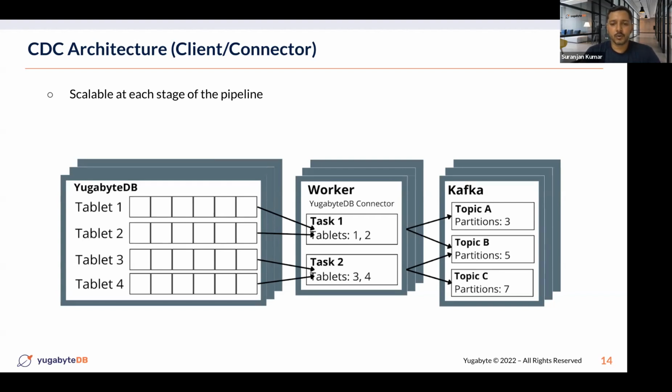So in the whole pipeline, all of the components are distributed products, and all of them take care of resiliency and horizontal scalability. As the YugabyteDB cluster scales, we can scale the Kafka Connect cluster to take advantage of scalability and fetch the data at higher load. Similarly, if there is a need to scale the Kafka cluster, we can do that as well.